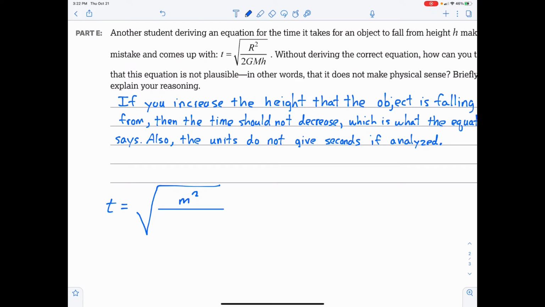G has the unit of newtons meters squared per kilogram squared, times mass, which is kilograms, times height, which is meters again.